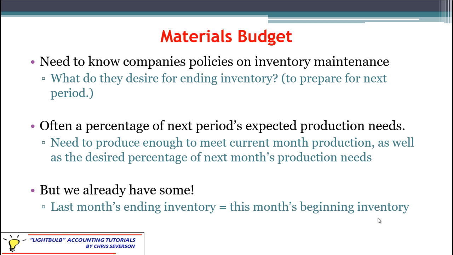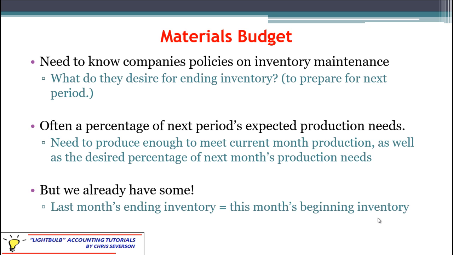With the materials budget, it's generally a percentage of next period's production. The whole point is we don't want to run out of materials this month, but we also don't want to start production on day 1 of next month and not have any materials to start with. So those are all important things to consider.